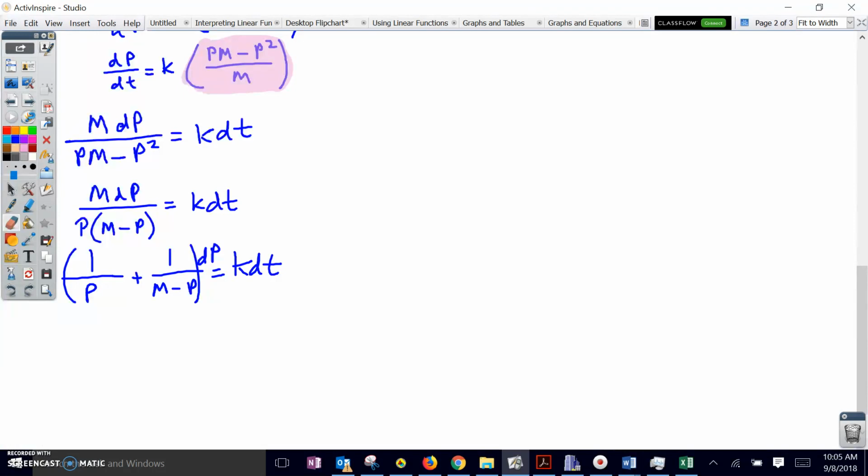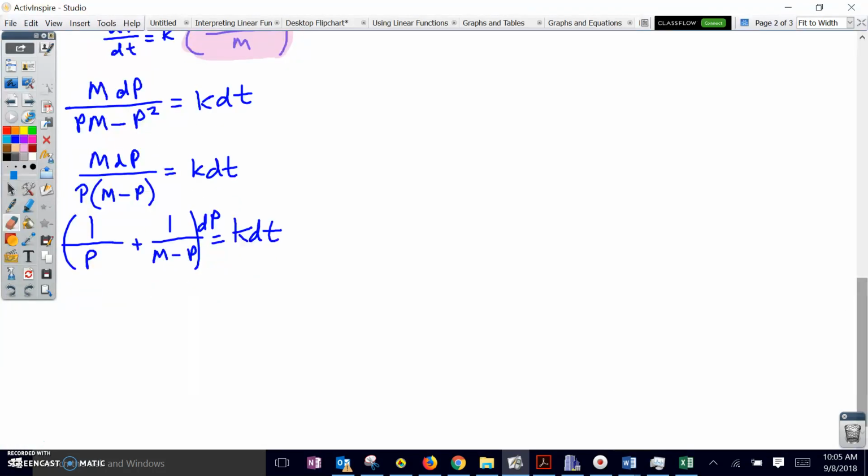Now that I've split those into partial fractions, I can integrate both sides of this. That's going to give me the natural log of the absolute value of P minus the natural log of the absolute value of M minus P. Why is it a minus?